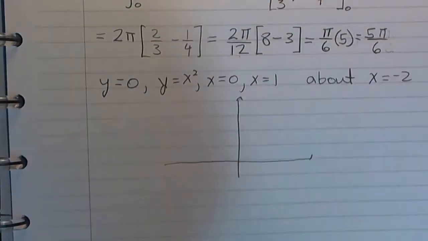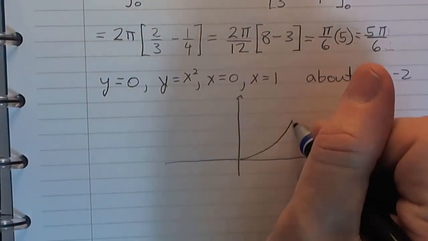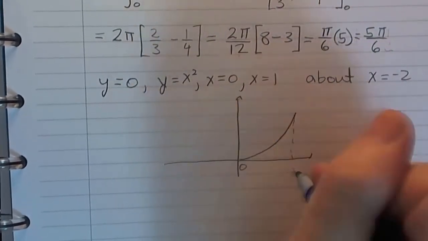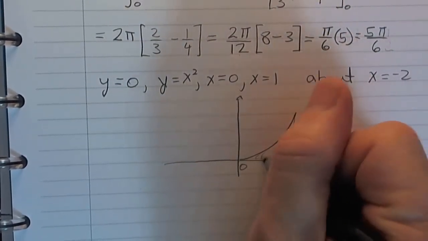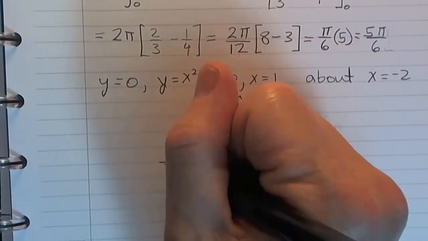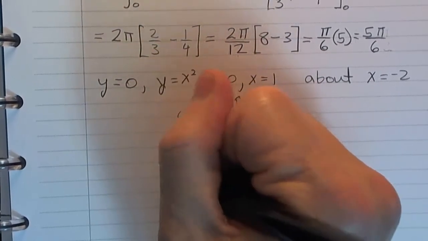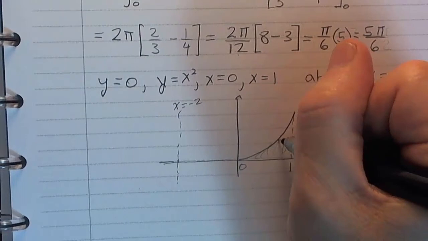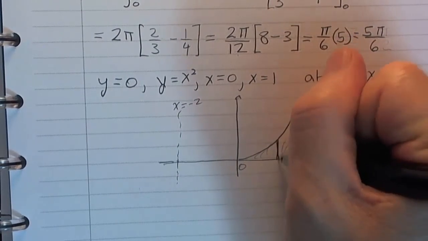We've got our region here, there's 0 to 1. And we're revolving that about this line, x equals -2 over here.